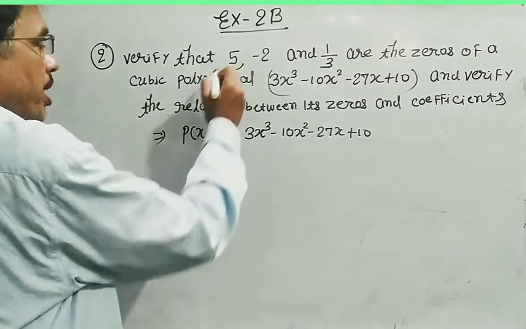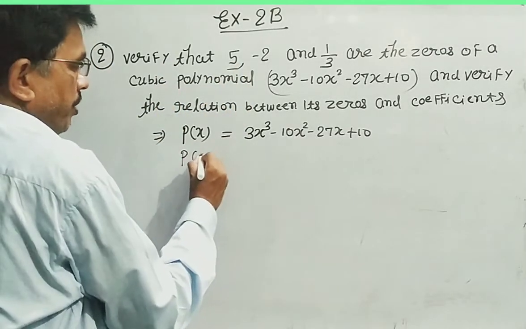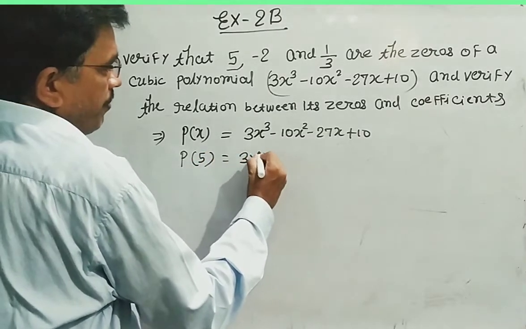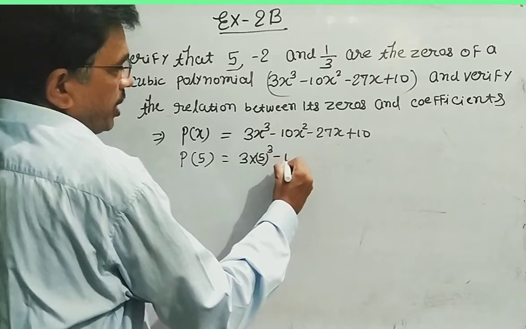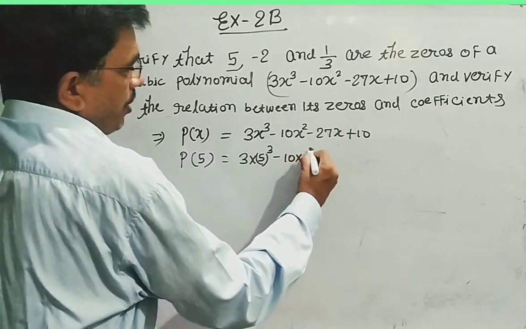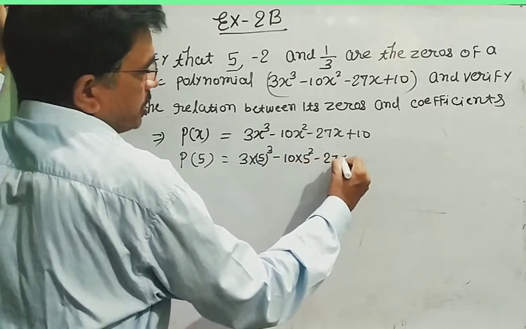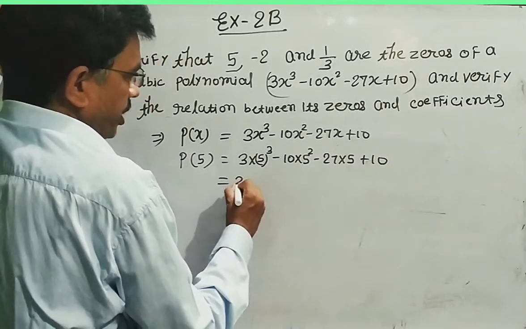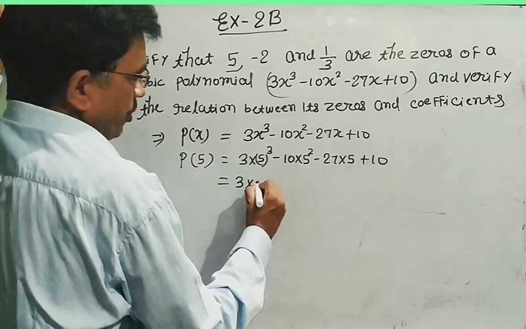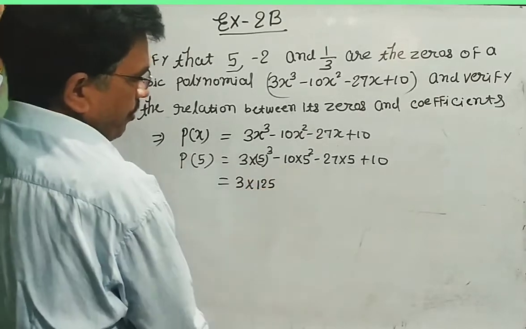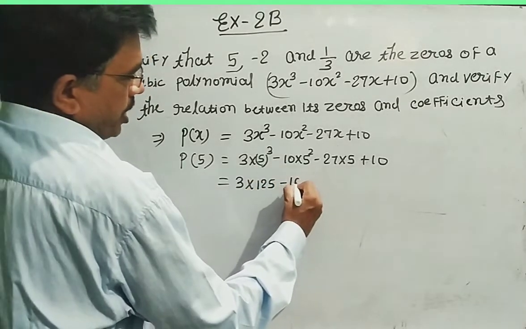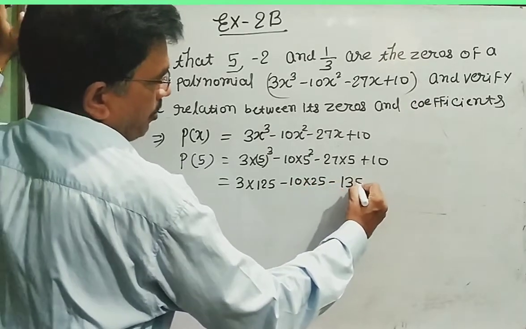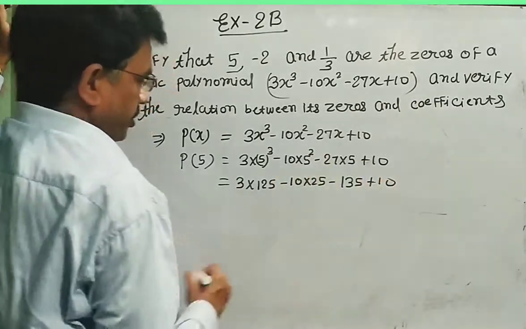So I write one by one. First we write p(5), which is 3 into 5 cube minus 10 into 5 square minus 27 into 5 plus 10. Now 3 into 5 into 5 into 5 is 375, minus 10 into 25 is minus 250, minus 135, and plus 10.